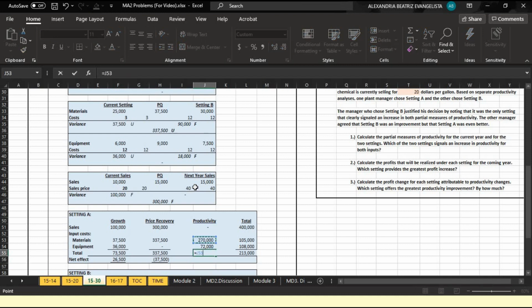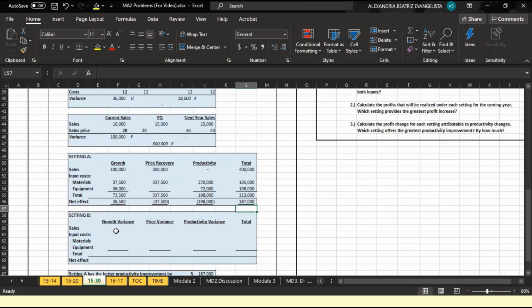This should be there. Negative 198,000, and the total net effect is 400 less 213, that is 187,000.